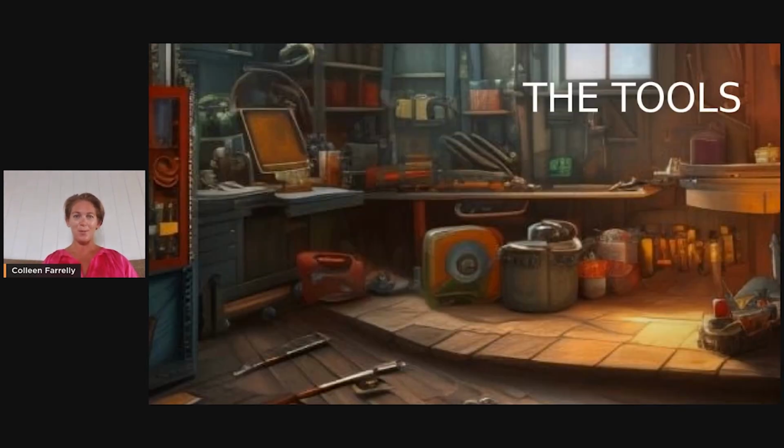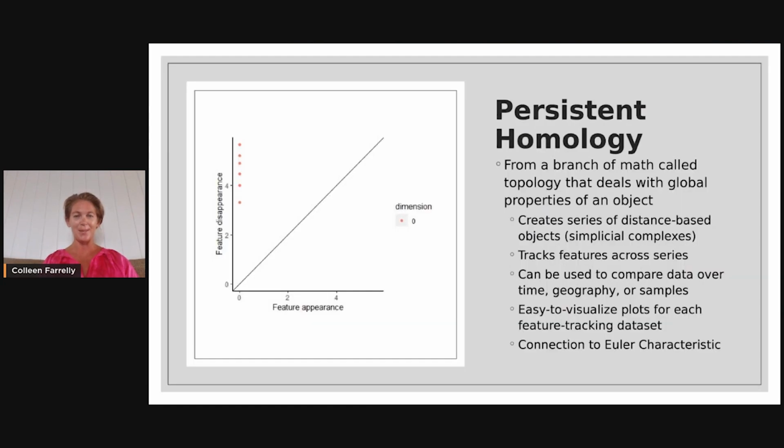So let's go through some of the tools. We're not going to get into details here too much, just kind of what the tools are and how we can use them. So the first tool is something called persistent homology, which comes from a branch of math called topology. This branch is not real concerned with how your data is put together in the local sense.